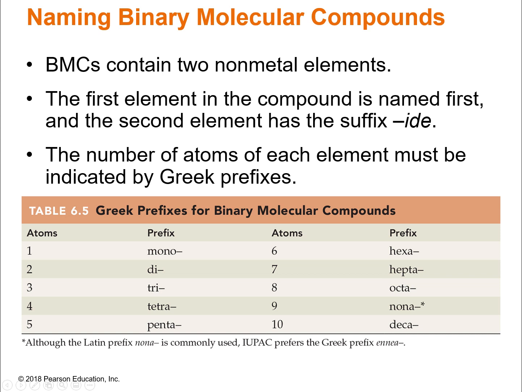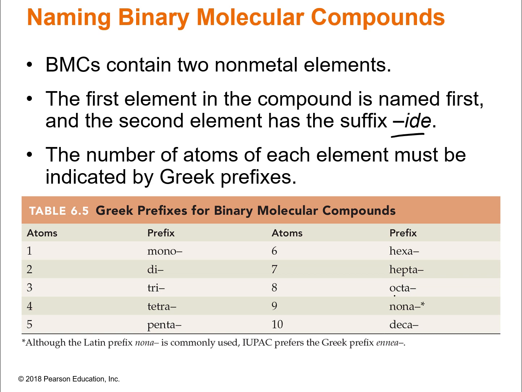Now we're in molecular compounds, and the only one that we have for that is binary molecular compounds. They contain 2 nonmetal elements. You name the elements in order of appearance. So the first one, then the second one. And the second one has the suffix of IDE.